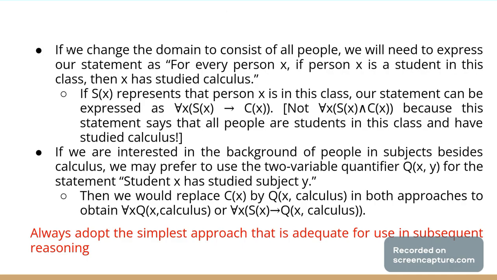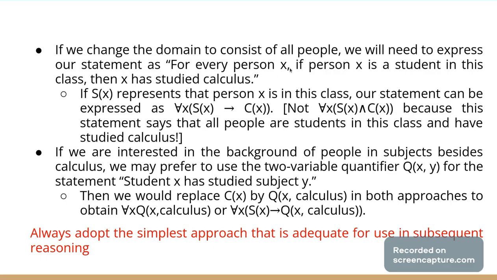Okay, if we change the domain, instead of having the domain as students in the class, if we just have the domain as all people, then we have to add something else over here. The statement becomes for every person x, if the person x is a student in the class, then x has studied calculus. So we have a conditional statement.